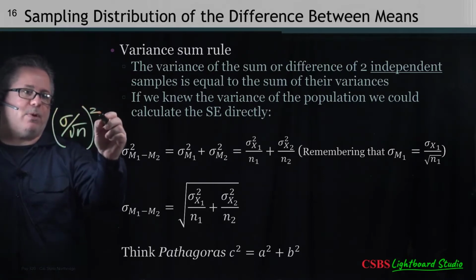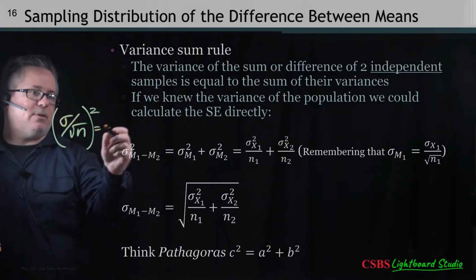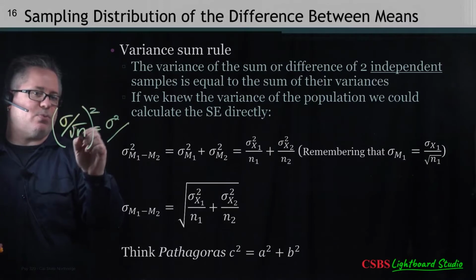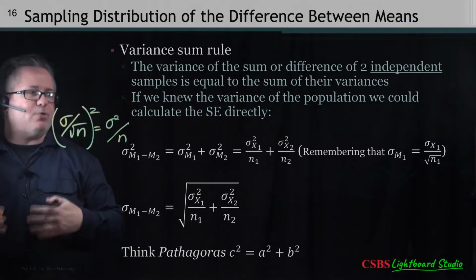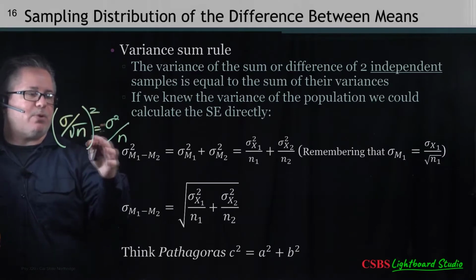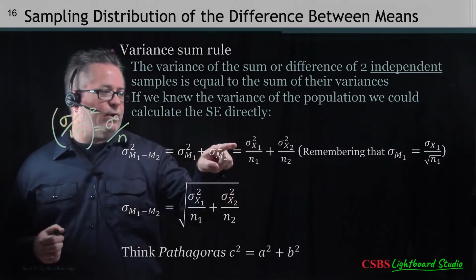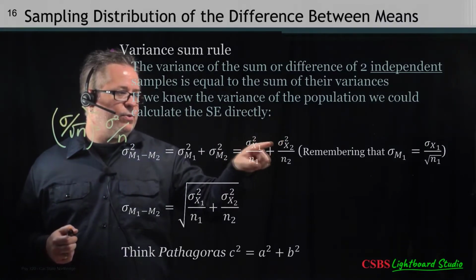If I square the whole thing, it gives me the variance on top, and it just gets rid of the square root over n. So I get these variance versions of standard errors by simply squaring everything, and I get the variance over n. That's why you see the variance of one x over n, the variance of the other x over n, and these are two different variables.